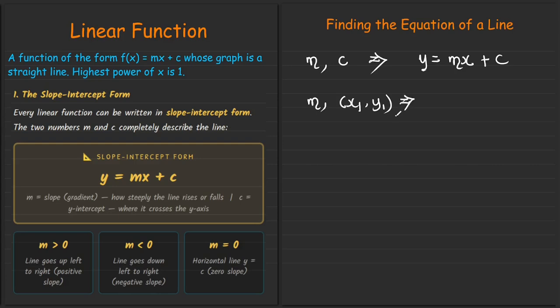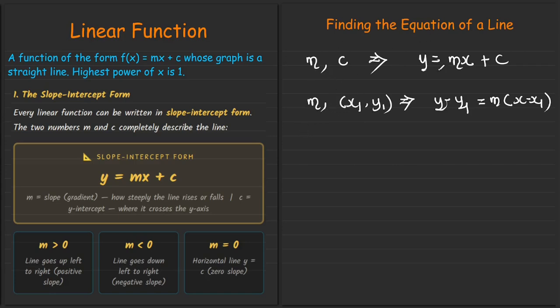Then we use a formula, written as y minus y1 equals m into bracket x minus x1. We call this the point slope method. So here, you are given a point and then the slope.